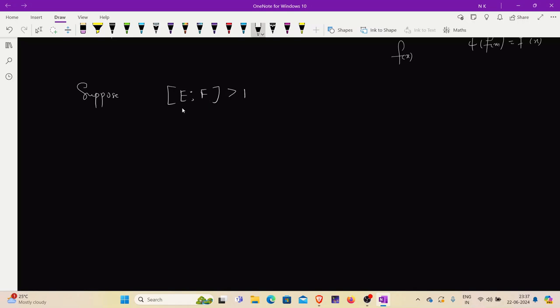Since the degree of extension is greater than 1, it means the splitting field is not F, so the splitting field is larger than F. That means there is some root which is not in F, and that root is outside F. If all the roots of the given polynomial were in F, then the splitting field could have been F. But since the splitting field is not F, there are some roots outside F. And if there are such roots, there must be an irreducible quadratic factor, because all the factors cannot be linear factors, right?